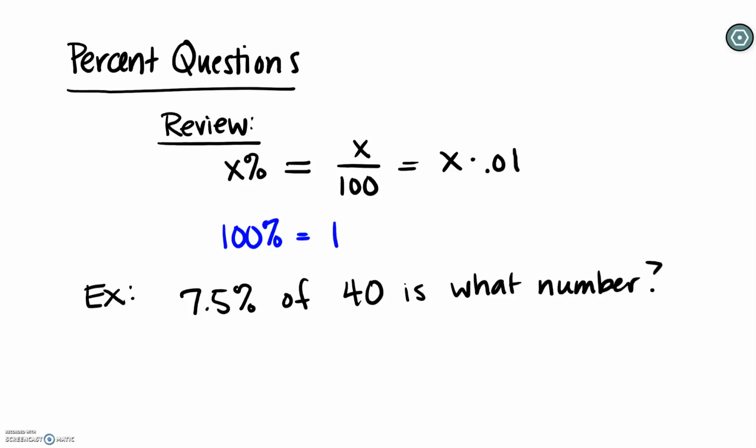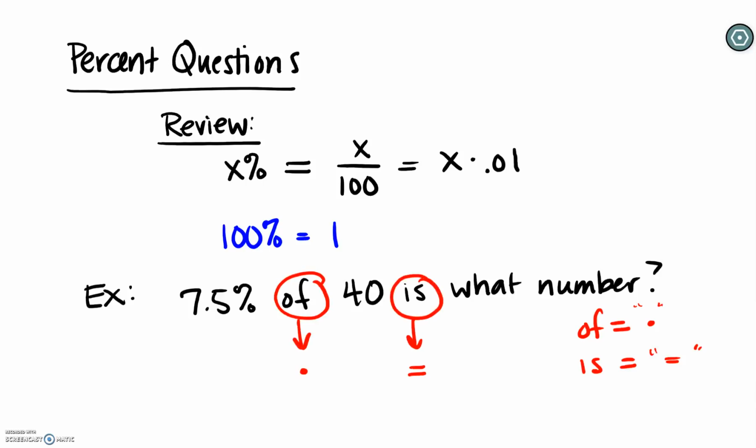Now with a question like this, the percent question comes down to simple translation. Our big translation here is that "of" is equal to multiplication and "is" is equal to, well, an equal sign. So if we use that bit of translation, we can just bring down the rest. 7.5%.